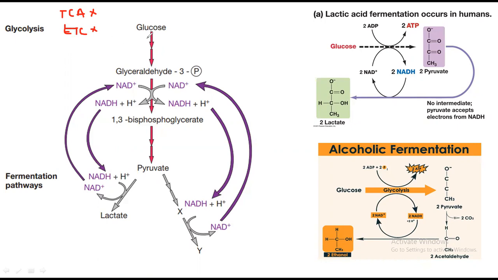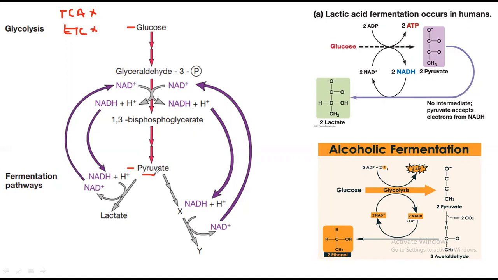So first, from here to here, all of this is glycolysis. The glucose is converted into pyruvate, and this is very important for fermentation. In fermentation, the first step is the conversion of glucose to pyruvate. Keep this in your mind. There are certain microorganisms, and fermentation is also conducted in eukaryotic cells.